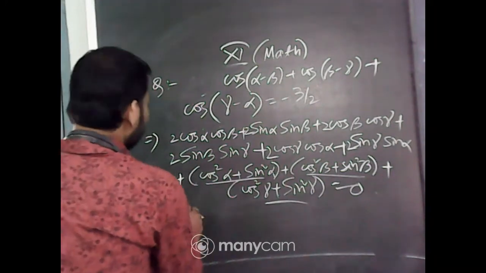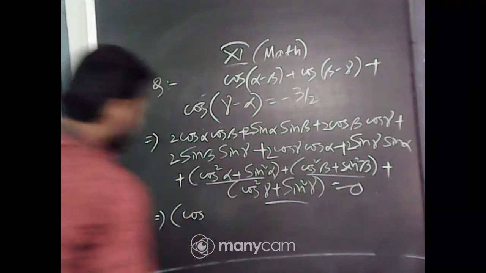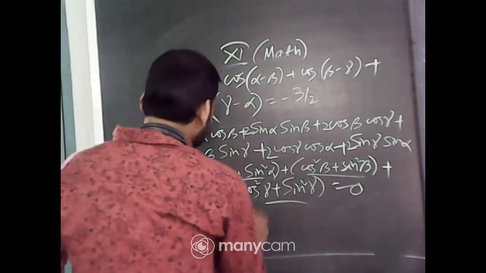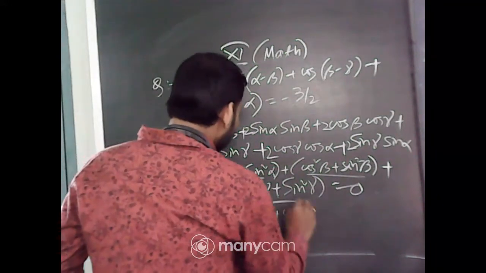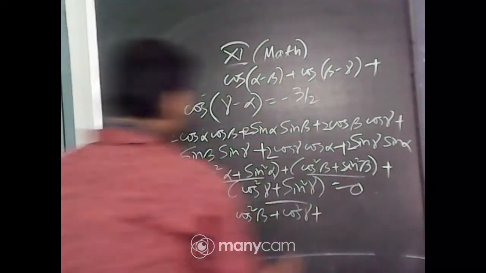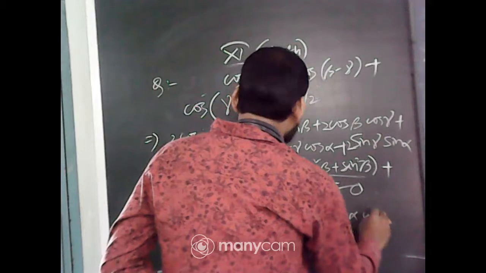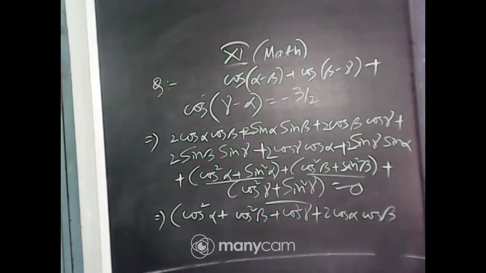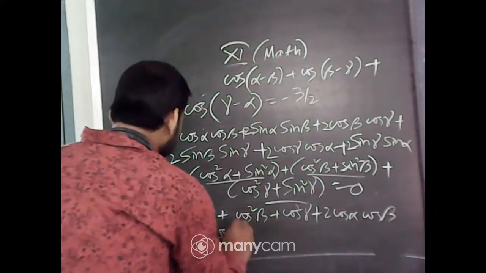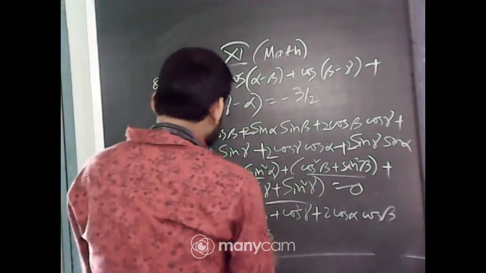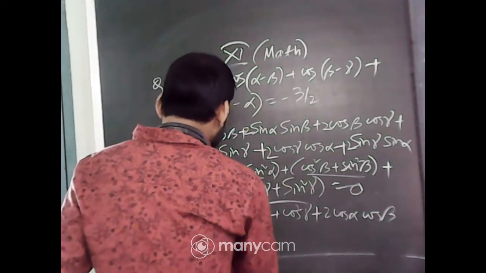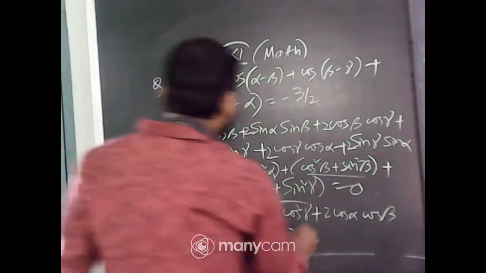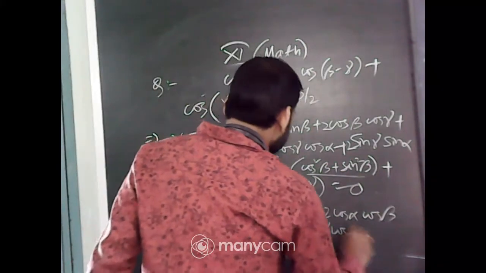Now arrange it. It will be cos square alpha plus cos square beta plus cos square gamma plus 2 cos alpha cos beta plus 2 cos beta cos gamma plus twice cos gamma cos alpha.